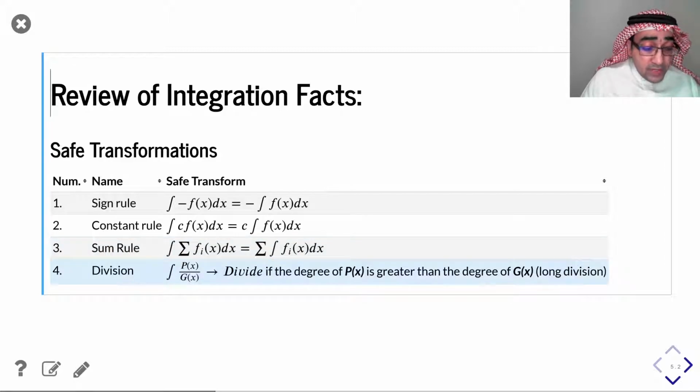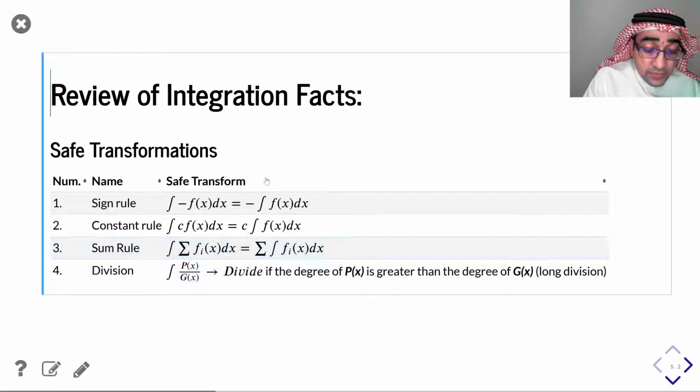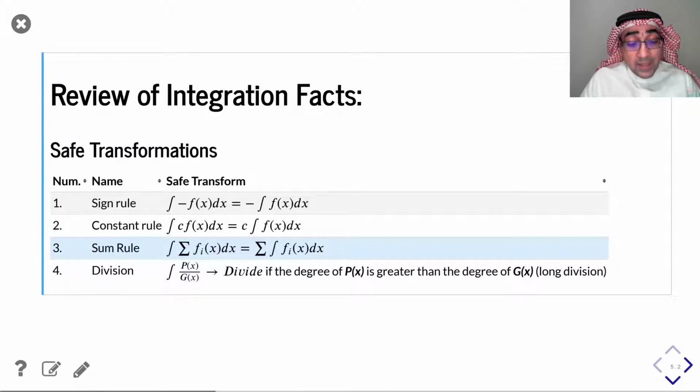The fourth safe transform is if you have the integration of p(x) over g(x), where the degree of p(x) is higher than the degree of g(x). Then you do long division, and that is guaranteed to give you a simpler problem. So these are the safe transforms, and we can apply them whenever we want, if they apply.